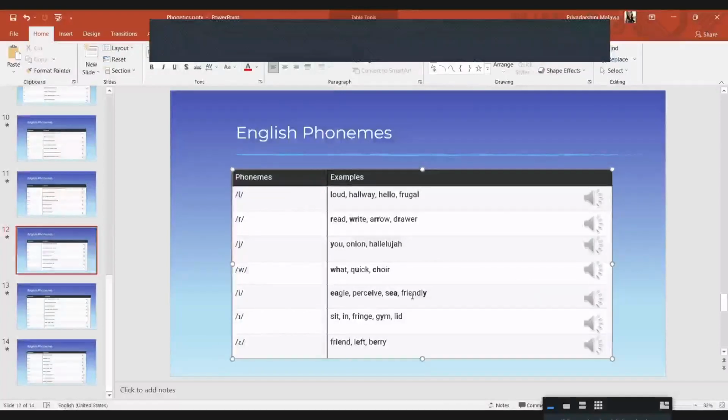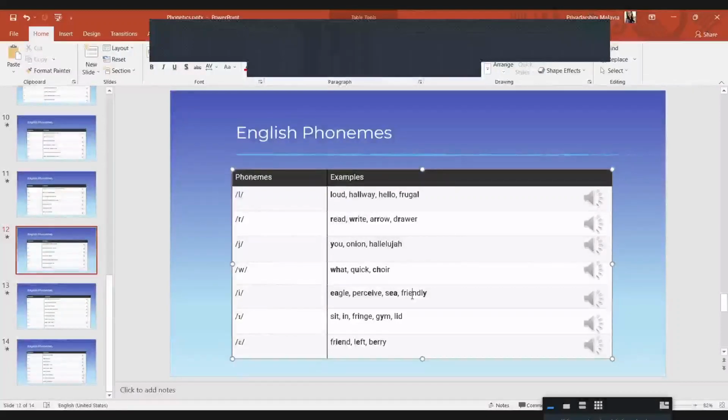All right, so now we will move on to your E sound. This is again more in a vowel kind of direction. So let's look into it.